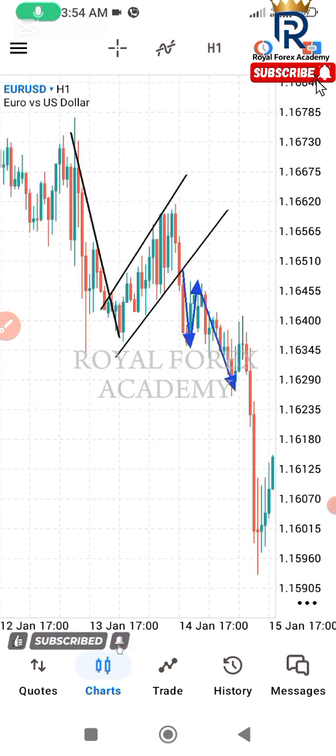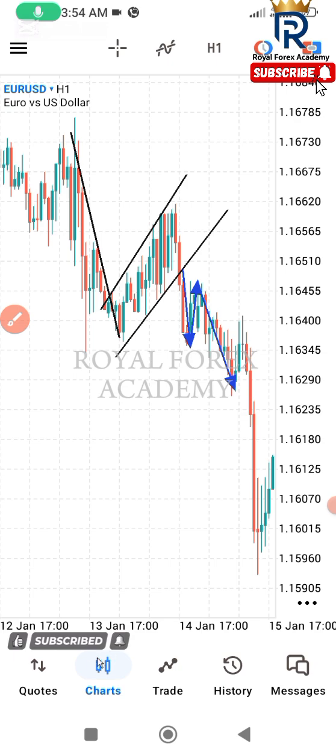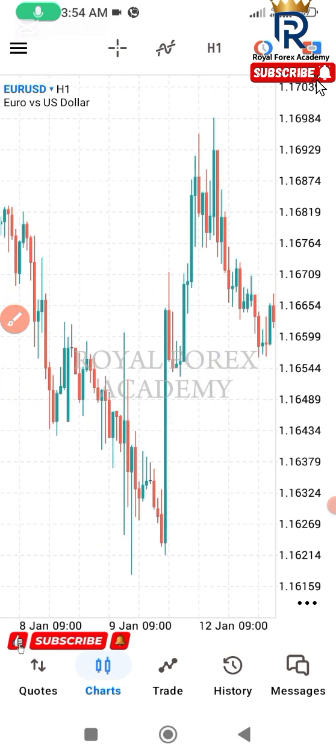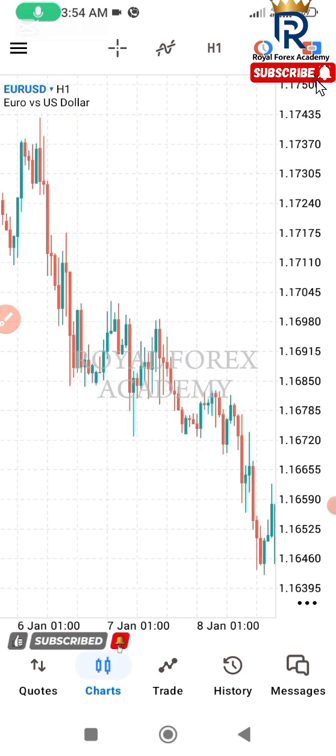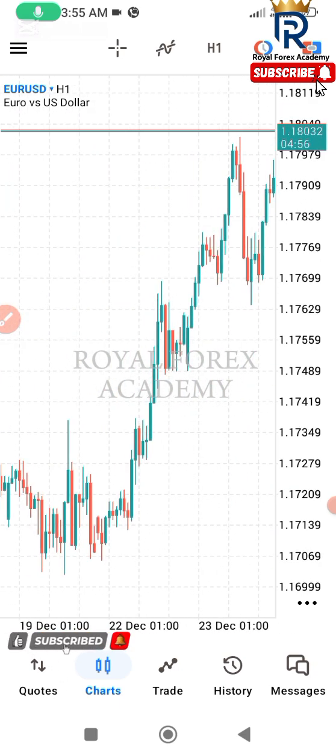So looking at this retest, you might be wondering and say, the price did not return back to touch the trend line in particular. Yes, because the trend line is a zone, so price must not go back to touch the line. So you can see how simple this pattern works and how effective it can be.